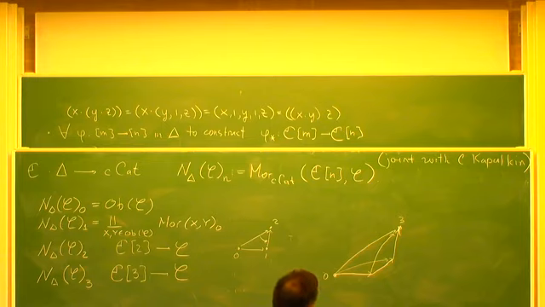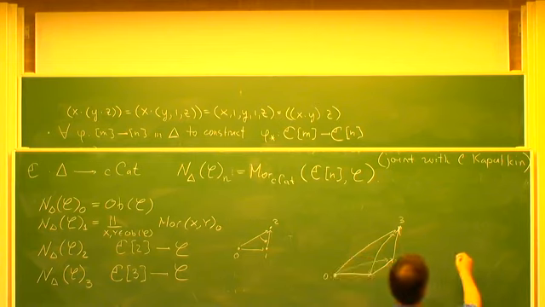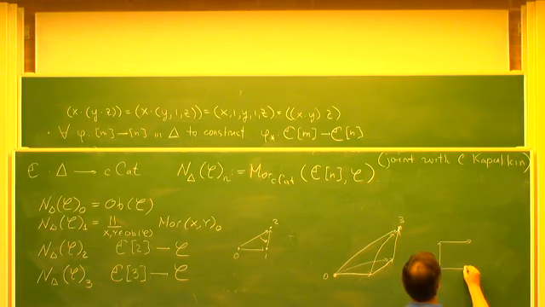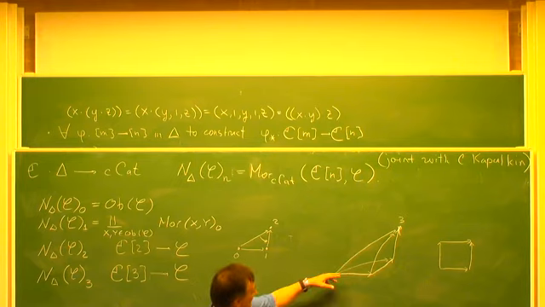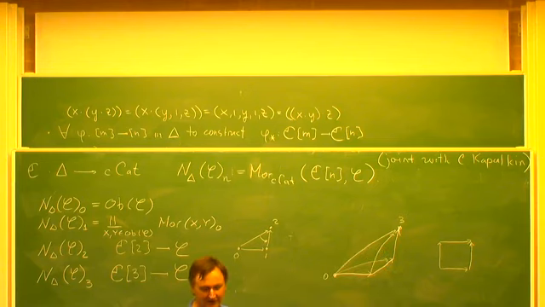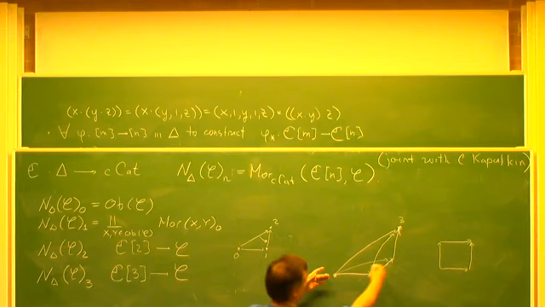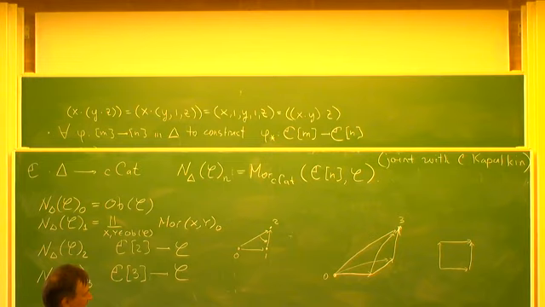And this square corresponds to the four sides of this three-dimensional simplex. Each side, in fact, is a square like this, where each side corresponds to one of the faces of the simplex, and it has to be composed sometimes to get to the same cubical set of morphisms.